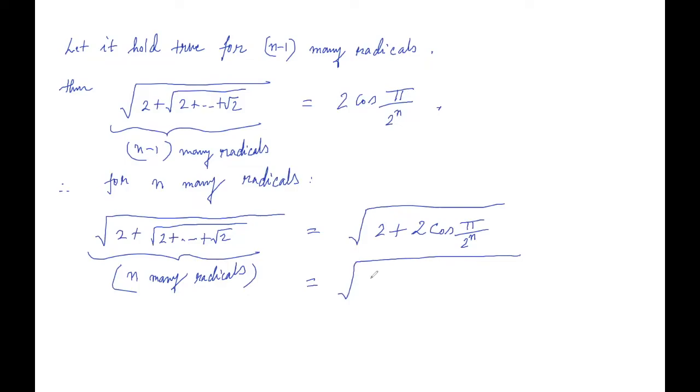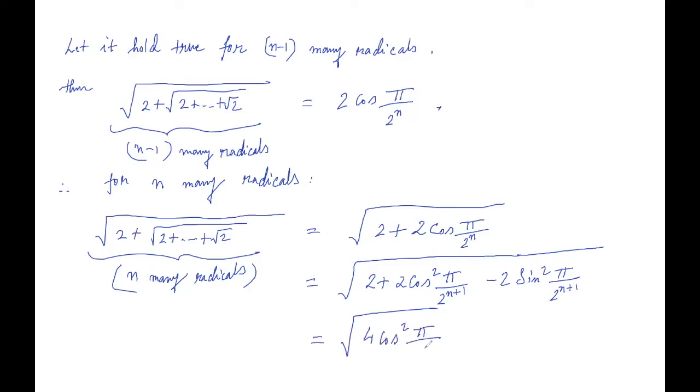And now you can write it as root over 2 cos square pi by 2 to the power n plus 1 minus 2 sine square pi by 2 to the power n plus 1, which is nothing but root over 4 cos square pi by 2 to the power n plus 1, and this is equal to 2 cos pi by 2 to the power n plus 1. So we have proved what we claimed.